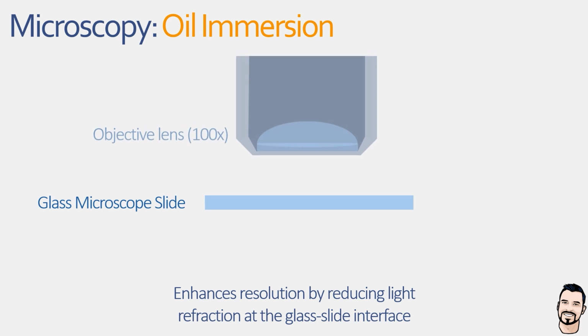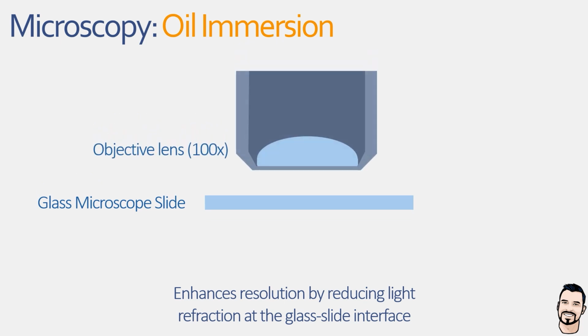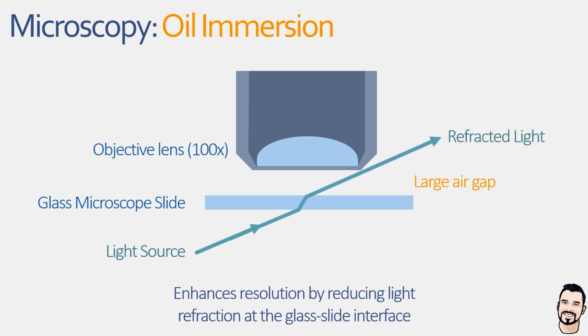First, we place the specimen in the center of a glass slide and view it under the 100 times objective lens for high magnification. Now without oil, when light passes from the glass slide into the air before reaching the lens, it refracts away, causing significant light loss and reducing the image clarity due to the large air gap.